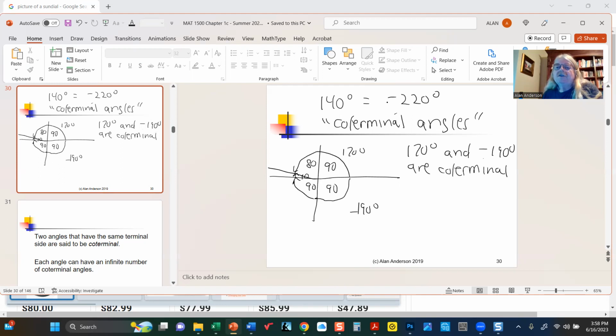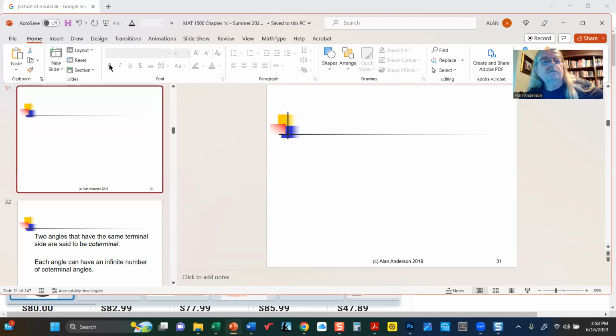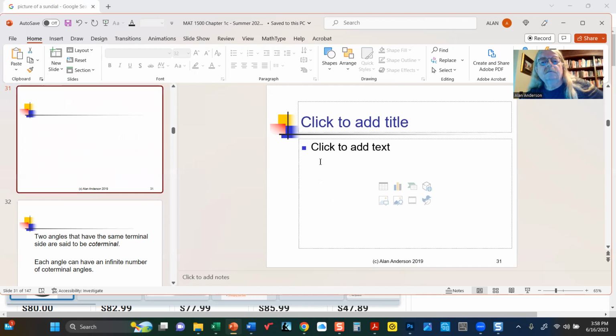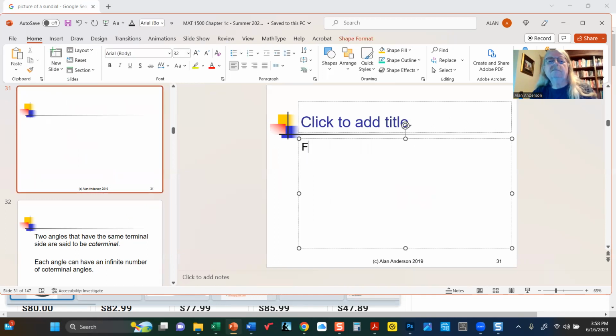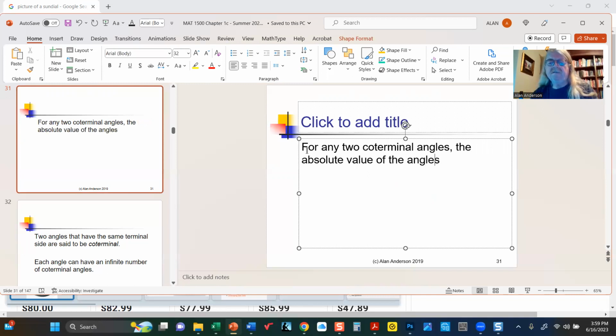Now, so that you don't have to draw the graph every single time, here's something that I want to point out to you. For any two coterminal angles, the absolute values of the angles add up to 360.